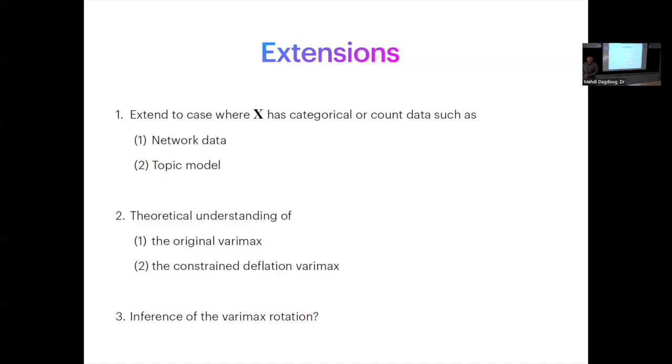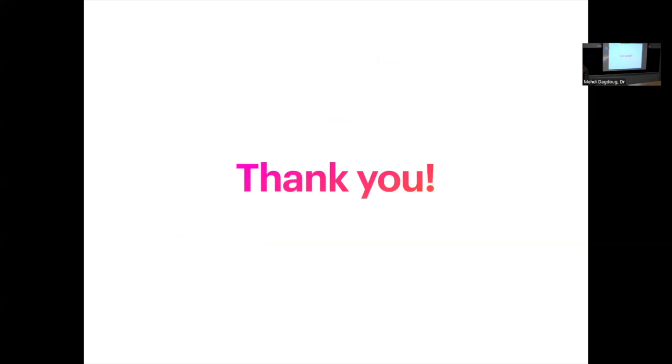We want to test the inference of the varimax, in the sense that can we test whether a rotation after PCA is really needed statistically as a hypothesis testing problem. So this would correspond to testing whether that Q matrix is equal to identity or just a sign permutation instead of being orthogonal. All right, so I think this is everything I want to talk about today.